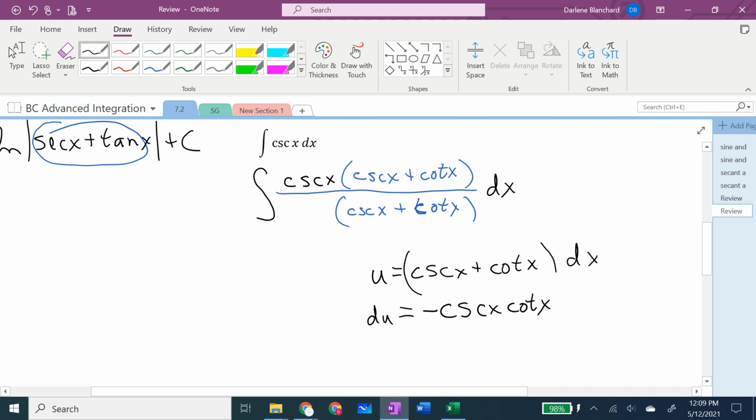And then when I see cotangent, I first take myself to tangent. What's the derivative of tangent? Secant squared. So what's the derivative of cotangent? Negative cosecant squared.